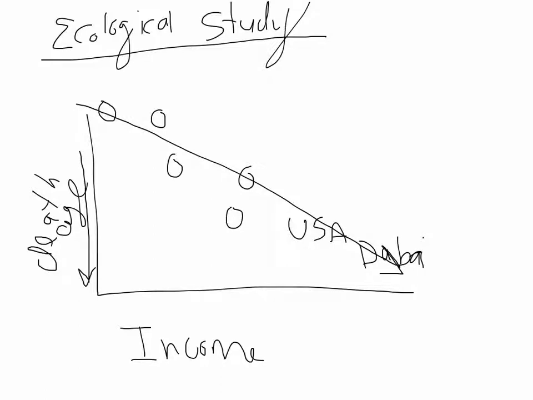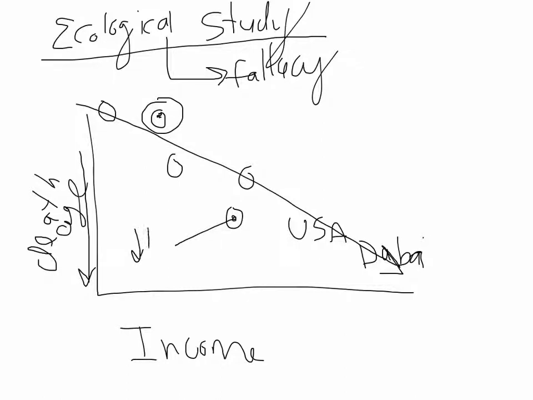But the problem with this is called the ecological fallacy. Because you're taking population-based information instead of individual-based information, you cannot say that because you live in this country, you will have a child mortality. Or you can't also say, even though you live in this country, because you have a low income, your child will have a high mortality. You can't say anything about whether income causes or affects mortality.